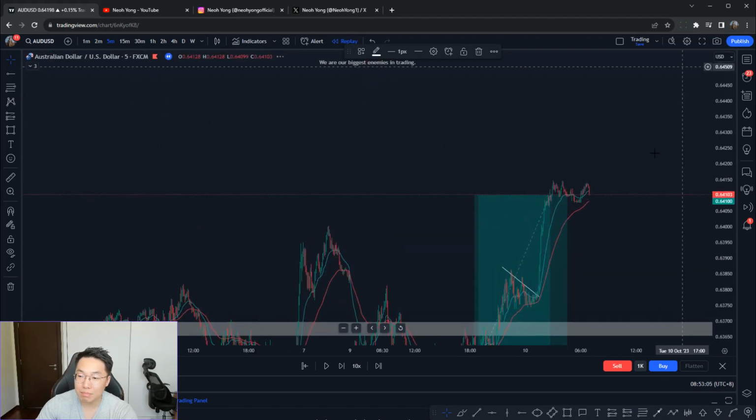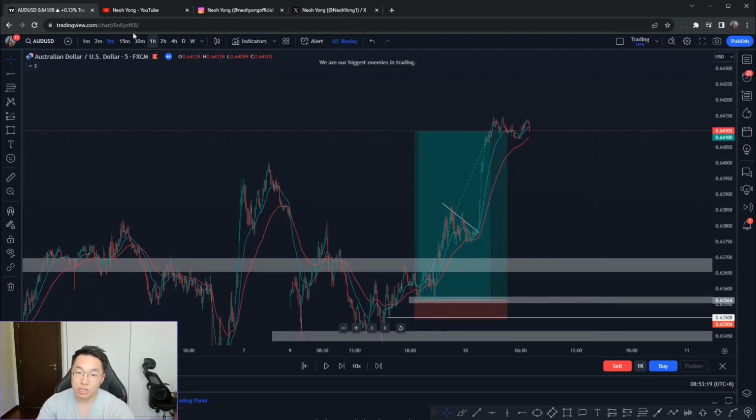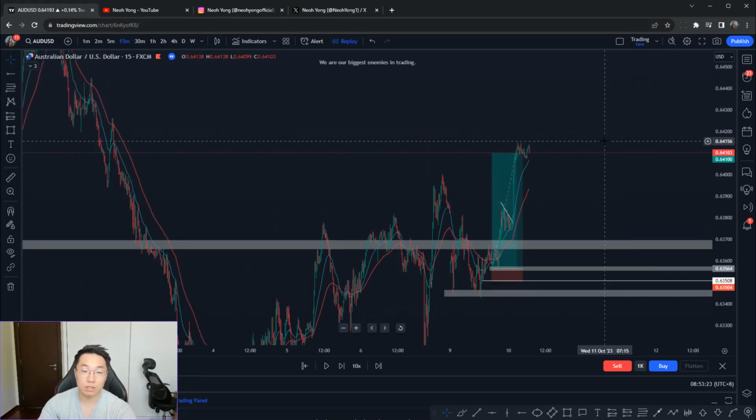Yes, I might miss a lot of meat on the table, but I'm confident with my setup, and I believe that even if I close this, I'll still be able to find more trades in the upcoming days or weeks. So there's no rush forcing this $5,000 challenge, grow your small account challenge.